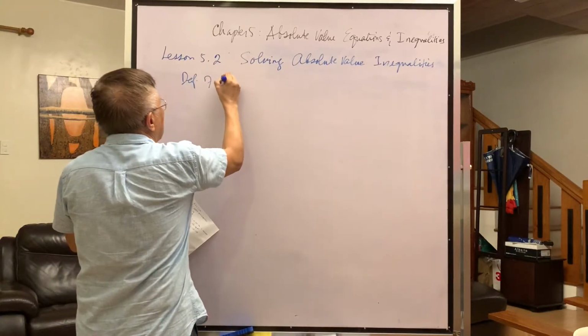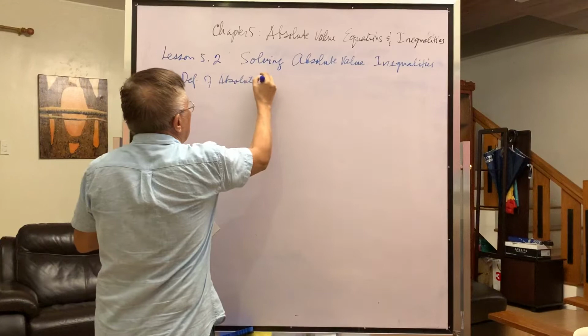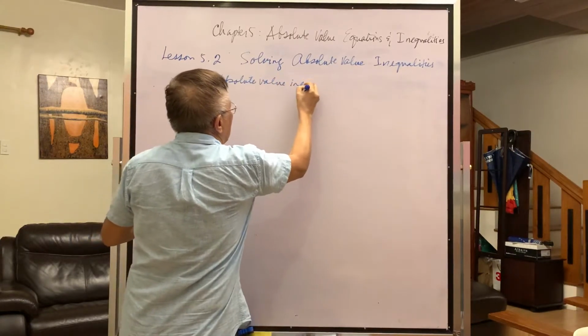Definition of absolute value inequality.